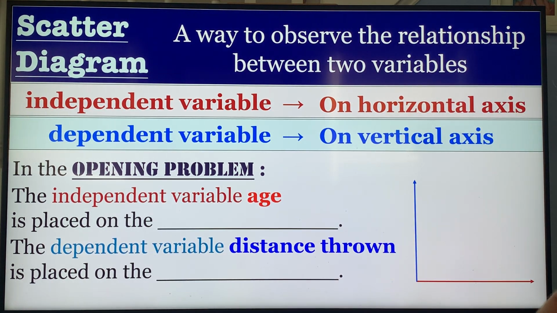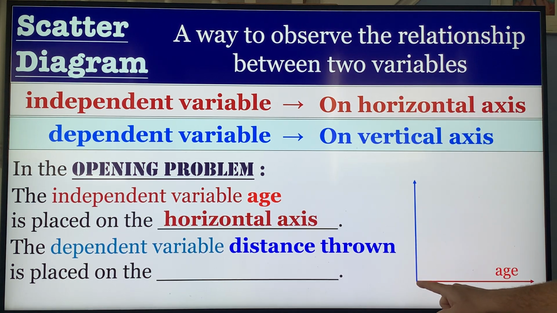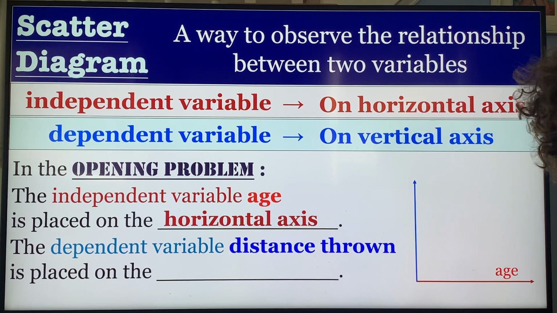In the opening problem, the independent variable is age. So do I put that on the horizontal or the vertical? Since it's independent, I put it on the horizontal, typically the x-axis. In almost all cases, this is where age will go. This is where time will go.